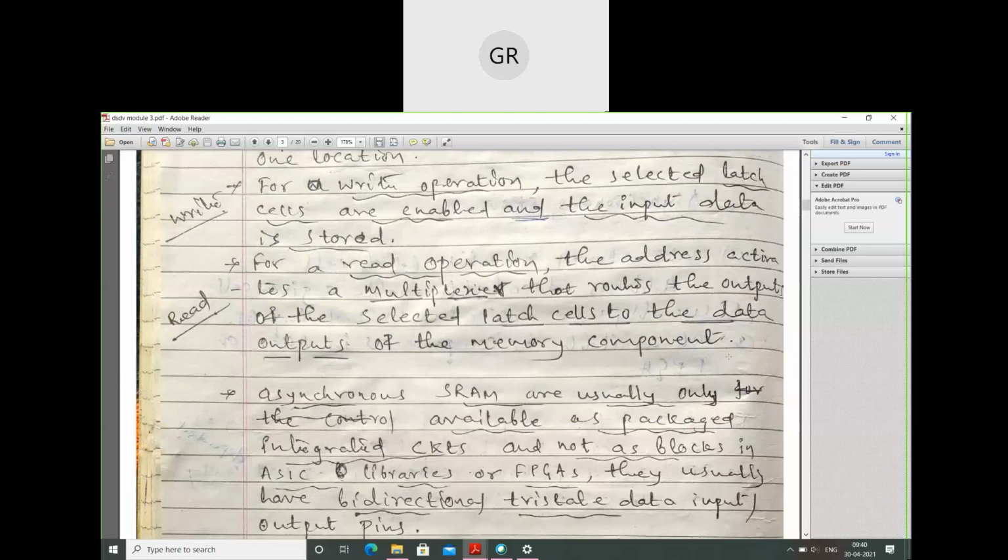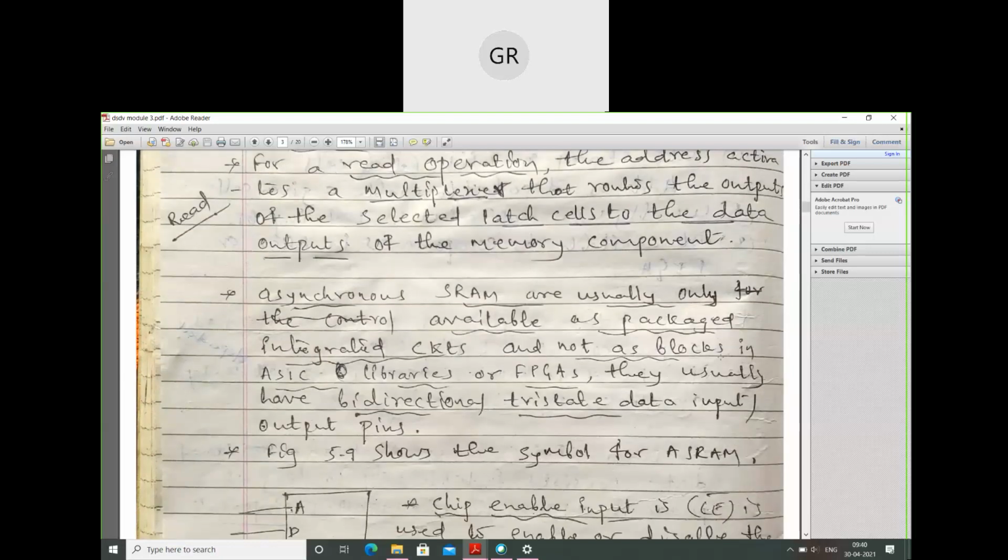We also discussed that asynchronous SRAMs are available as packaged integrated circuits, just like an IC, not as blocks in ASIC libraries or FPGAs. They usually have bidirectional tri-state data input output pins.